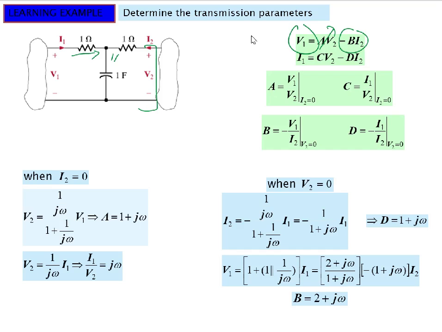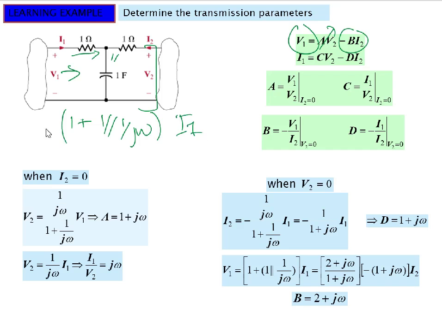So V is equal to IR. You just have to find the combined resistance from the V1 side. So V1's combined resistance is 1 plus 1 parallel 1 over j omega, multiplied by I1.